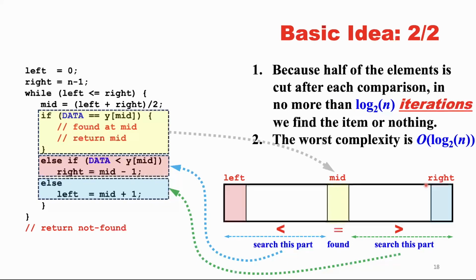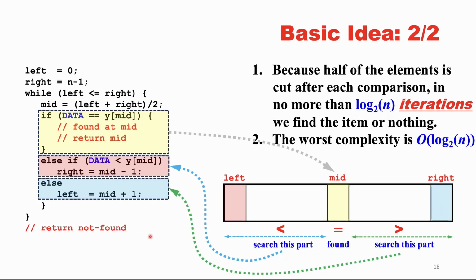So as you know, it takes log 2 of n cuts or iterations to determine whether data is in Y or not. The worst case is when it's not there. The complexity is order of log 2 n. You know this well, I am sure.